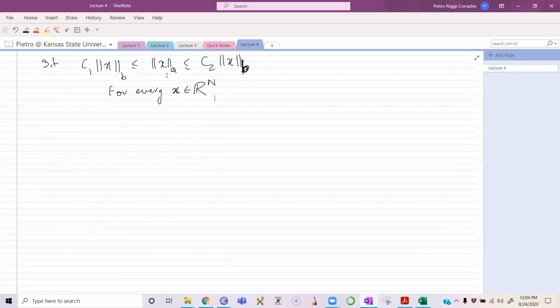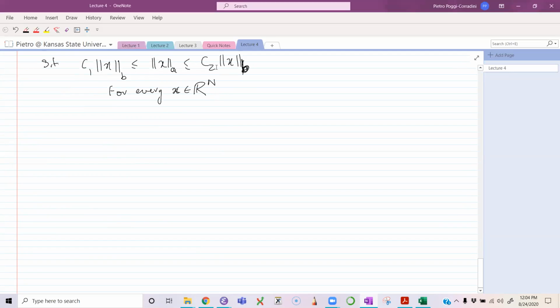All right, so there is an exercise in the book that I think I'm going to assign for next week, where you're asked to compute the best constants possible here when the A norm and the B norms are P norms of some sort. So those can be computed exactly, sort of the best constants.